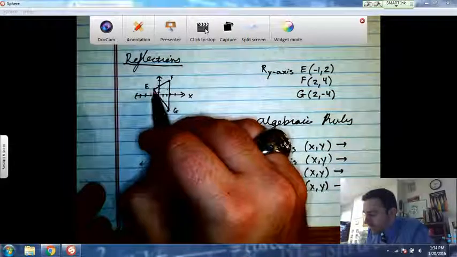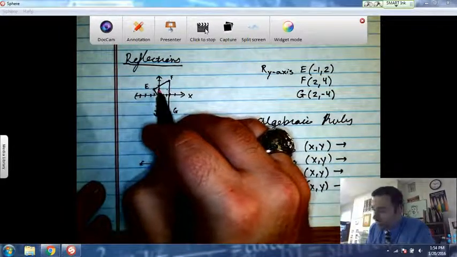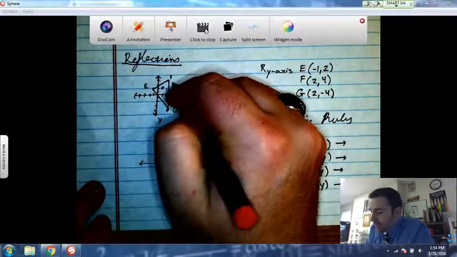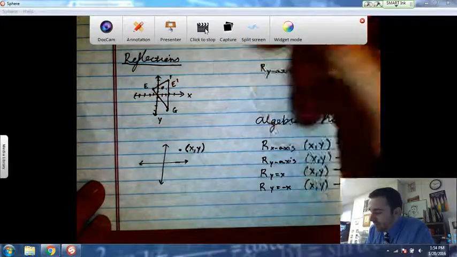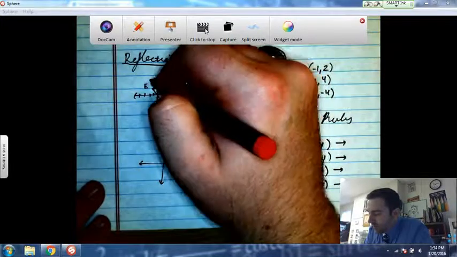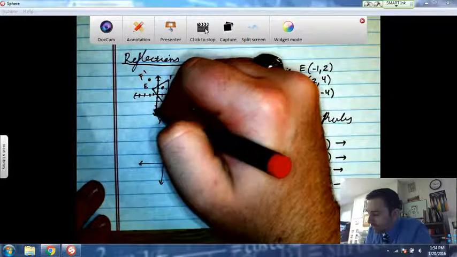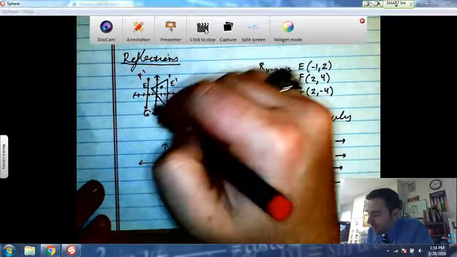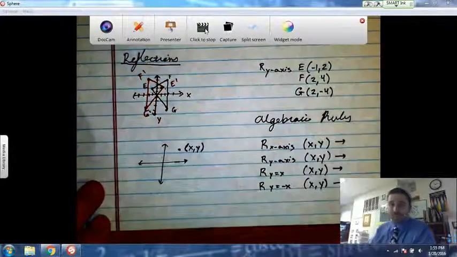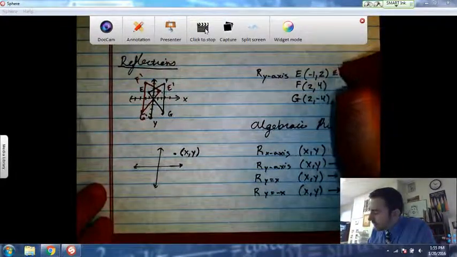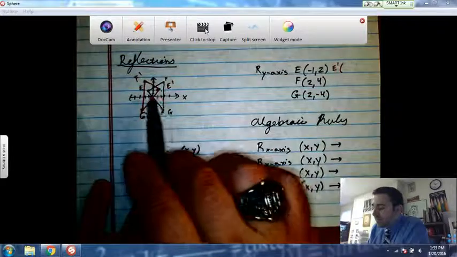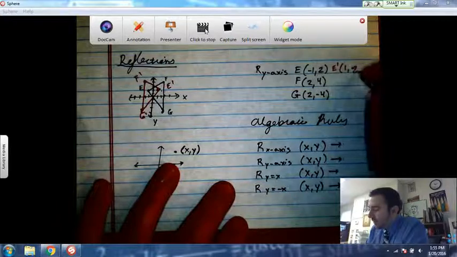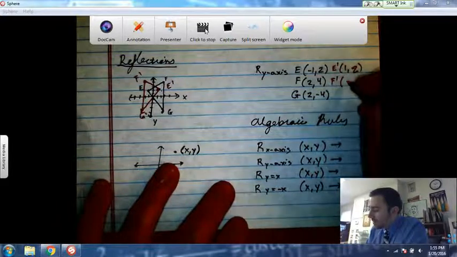And so in this case, this E is one unit away from the line of reflection, the y-axis. So I'm going to go 1 in the opposite direction to give me E prime. Same for F and G, 2 away, 2 away. Which would give me the reflection, E prime, F prime, G prime. And now notice, when we do this, the x changes signs while the y stays the same.